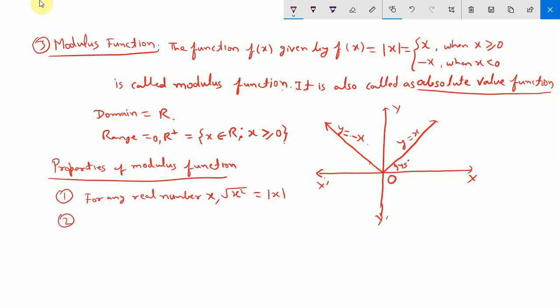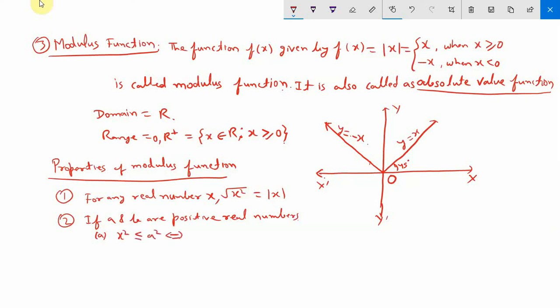if a and b are positive real numbers, then first one is: x square is less than or equal to a square.